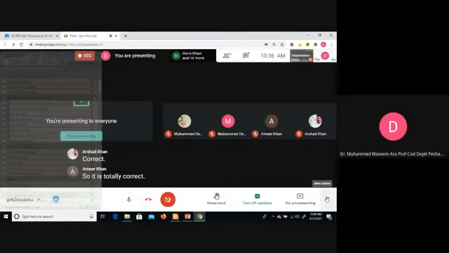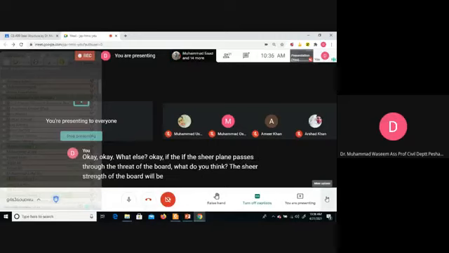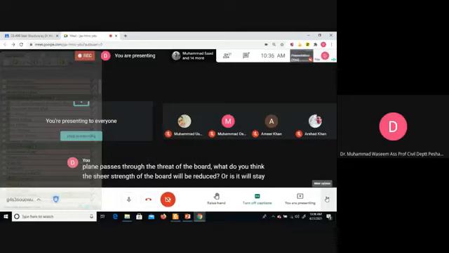Okay, what else? If the shear plane passes through the thread of the bolt, what do you think? The shear strength of the bolt will be reduced, or it will stay the same?